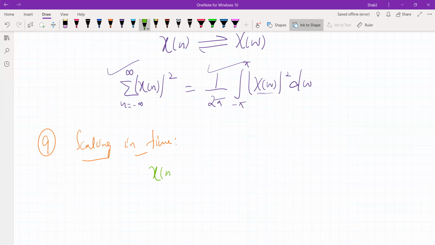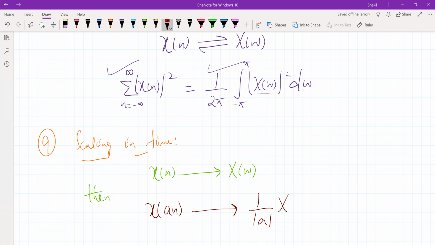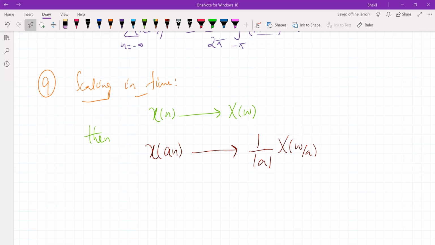It means if the discrete time Fourier transform of x of n is X of omega, then the discrete time Fourier transform of x of a n, which means when you scale the time, is simply 1 by a times X of omega by a.